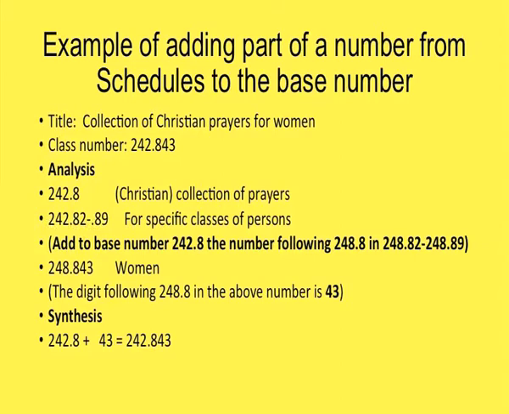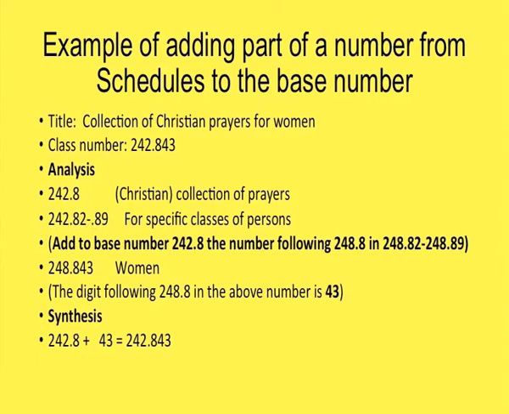So, 242.8 is the base for Christian prayers, plus 43 for women. So, the complete class number of this title is 242.843. Again we have used the same method by adding a part of a number, and we have synthesized the class number for the title collection of Christian prayers for women.